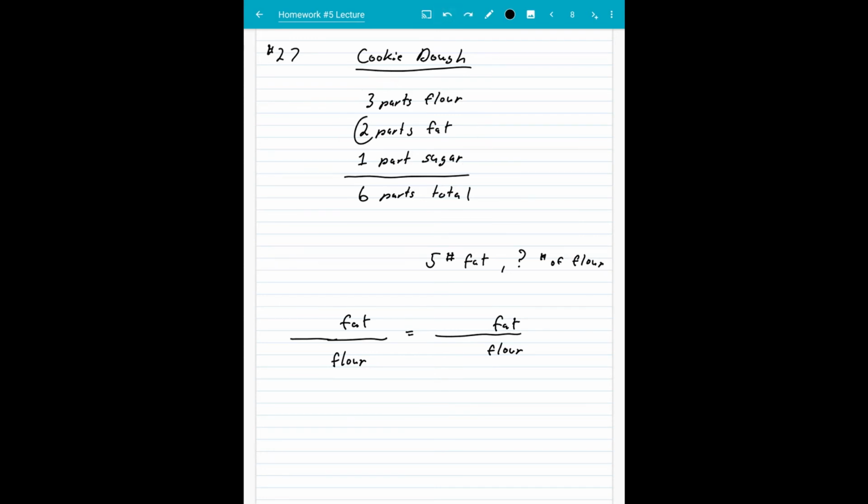Fat is 2 parts, and flour is 3 parts. So for fat, we do 2 parts, and for flour, 3 parts. In this other one, we put our given information: 5 pounds of fat, and X pounds of flour, because that's what we need to figure out.